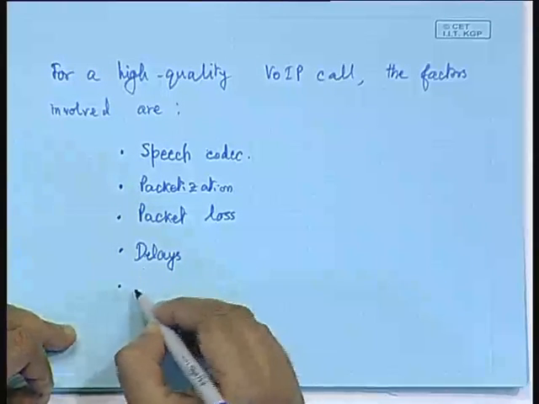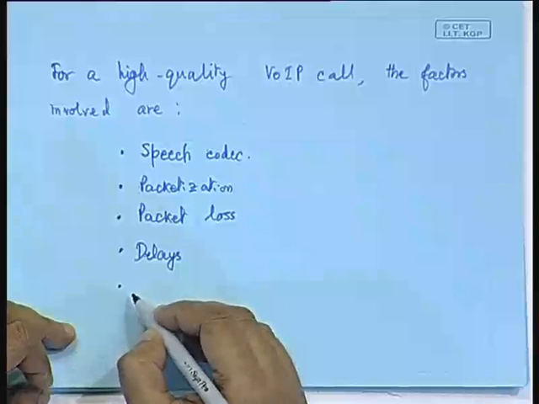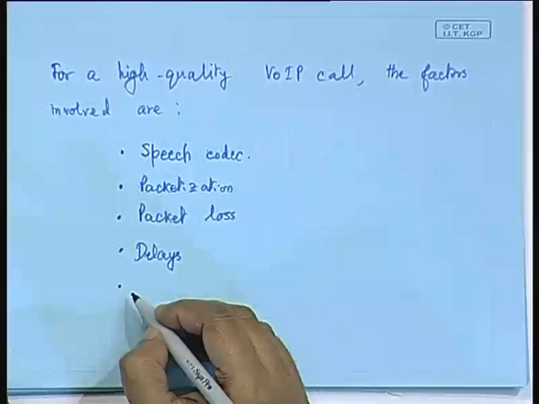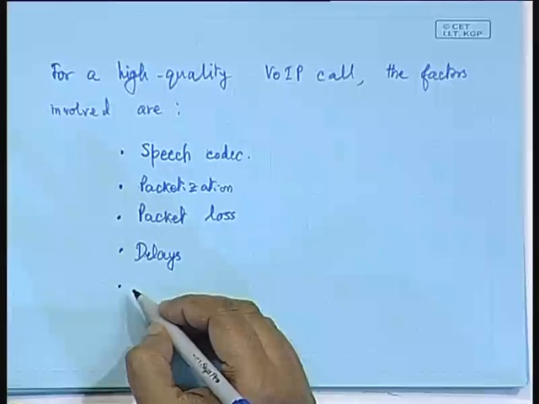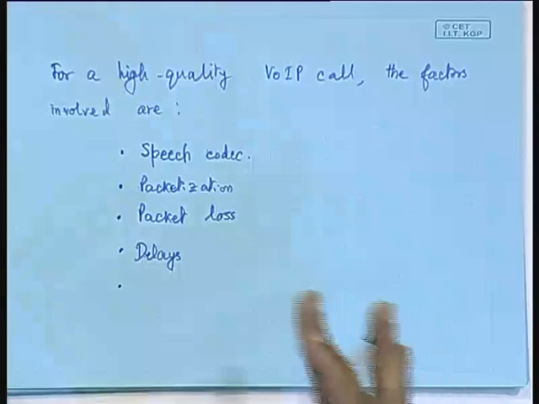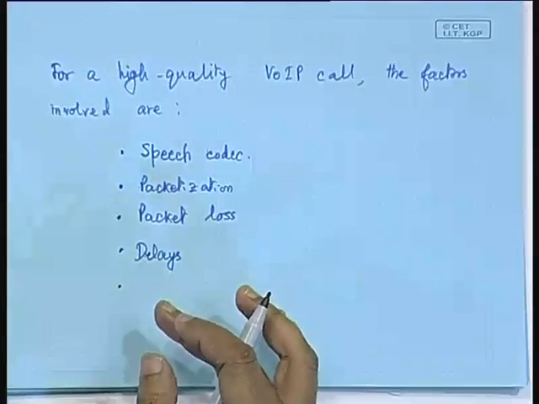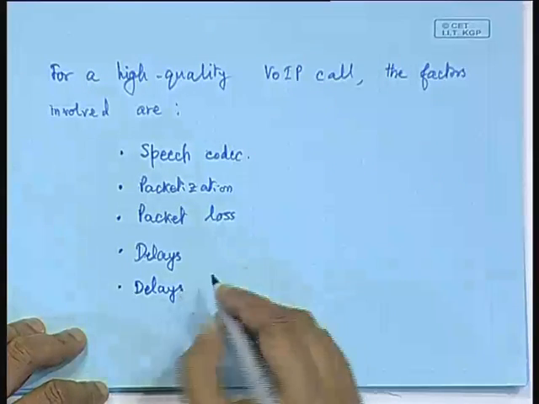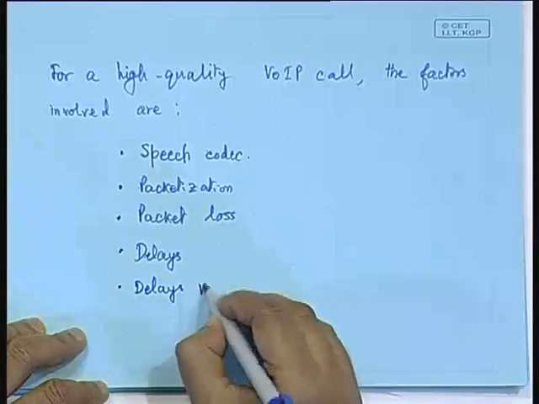And apart from delays, mind you, fixed delays are easy to tackle, because with fixed delays you are prepared for that. But there are sometimes delay variations, what is called delay jitter in networking terminology.